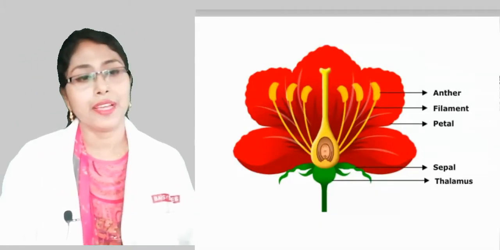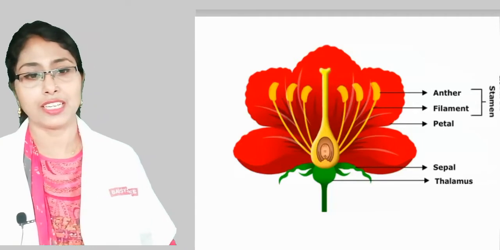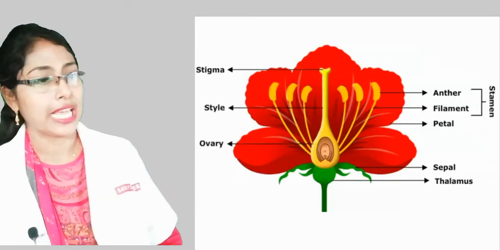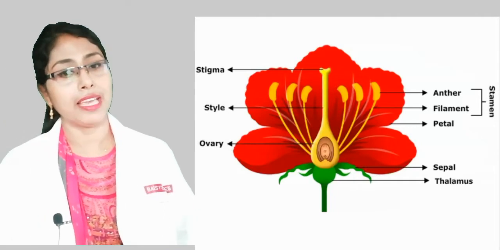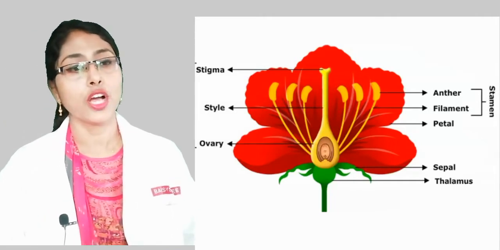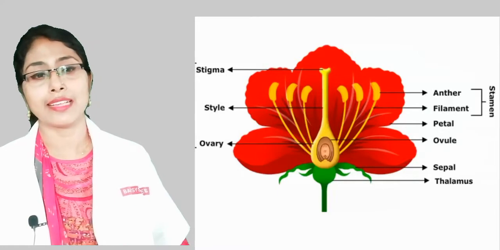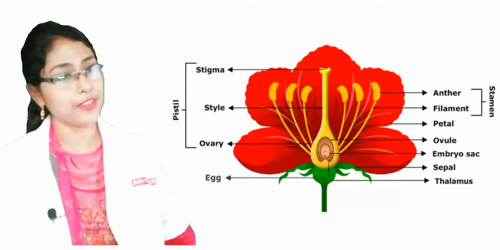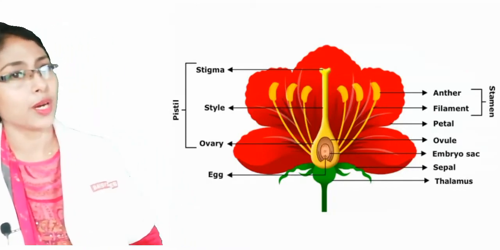Petals are generally brightly colored to attract insects for pollination. Anther and filament make the male reproductive part of the flower known as stamen. Stigma, style and ovary make the female reproductive part called the pistil.